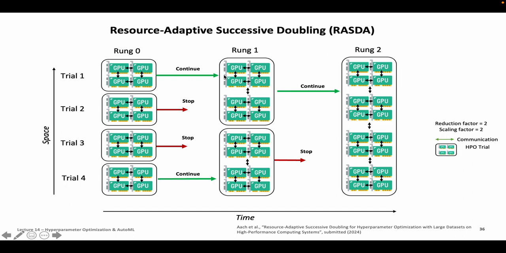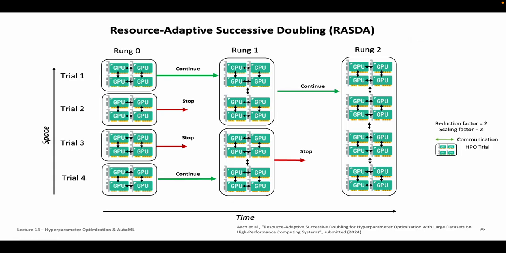So that after another successive doubling step, this trial will actually run not on 8 GPUs, but on 16 GPUs at the same time. And then compared to the initial training time of running just on 4 GPUs, it will get a speed up with a factor of 4, which is, of course, quite significant here.